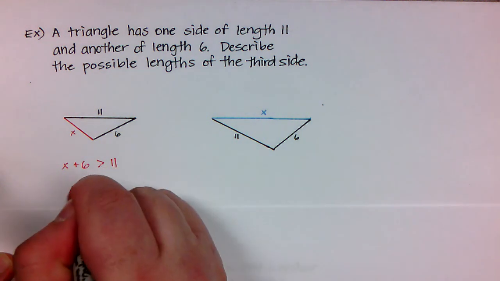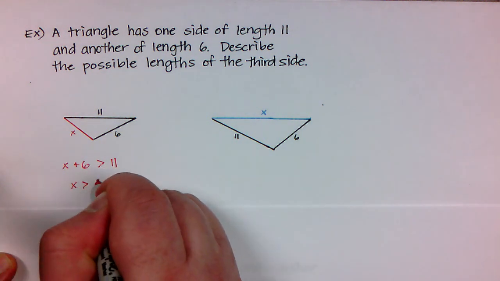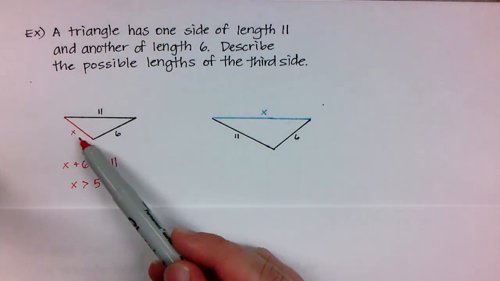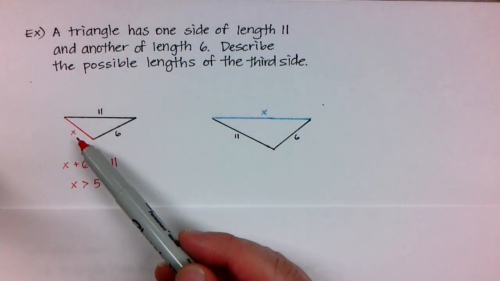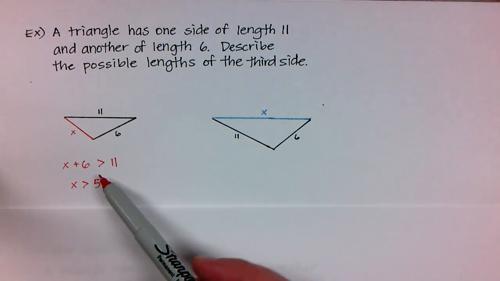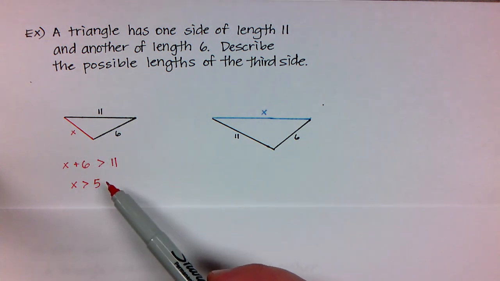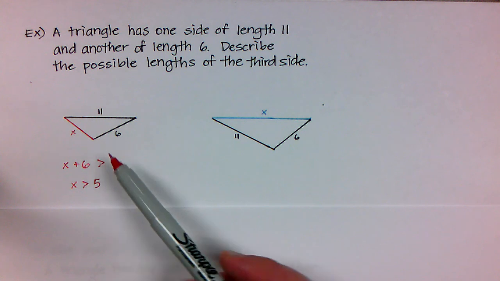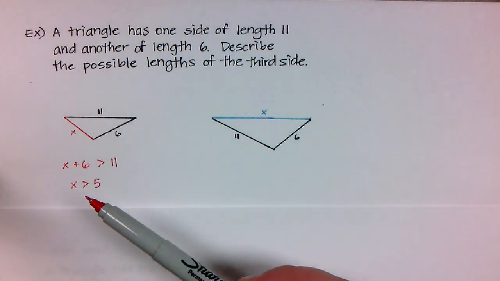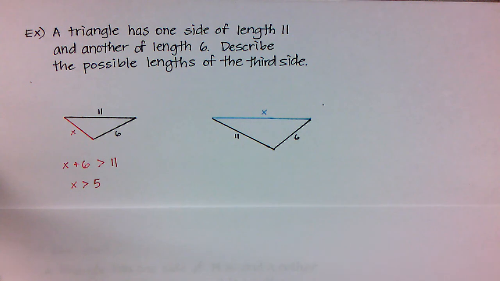And so x would be greater than 5. So I could pick 6 again, I could pick 7, 8, 9, all of those would work. But if I picked 5 or 4, it actually would not reach as far as the other two sides that I was given.